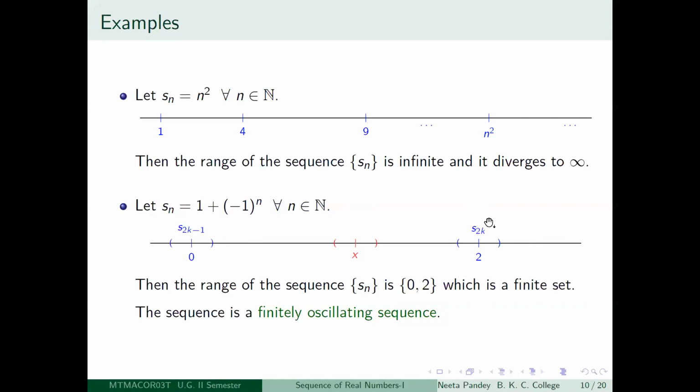So I am at least able to get such neighborhoods which are not satisfying the property required, and therefore 2 will not be a limit point.